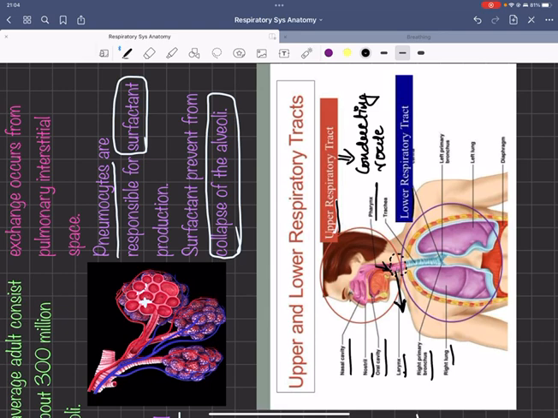Further down we have the trachea. The trachea is a cylindrical shaped structure which lies below the larynx and above the bronchi, and at the carina, which is also known as the site of bifurcation, the trachea divides into the right and left primary bronchus.